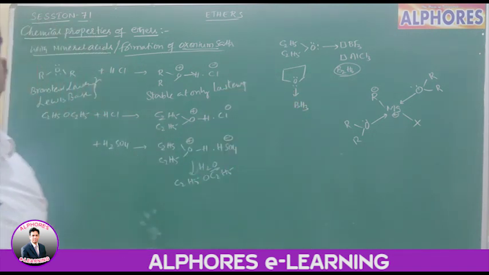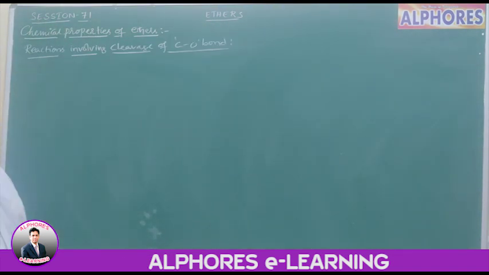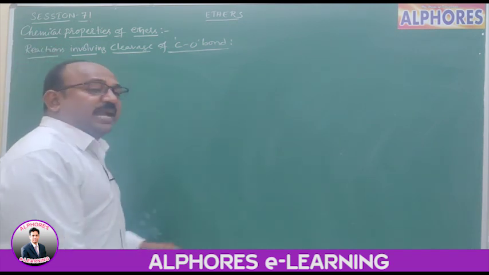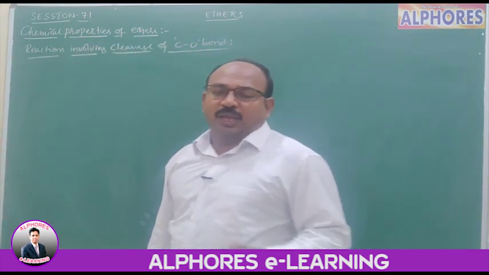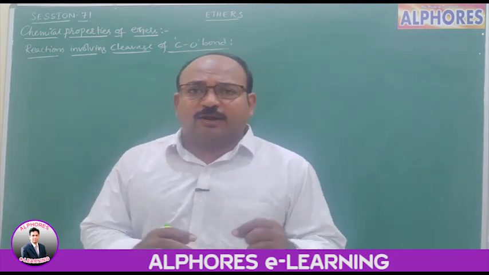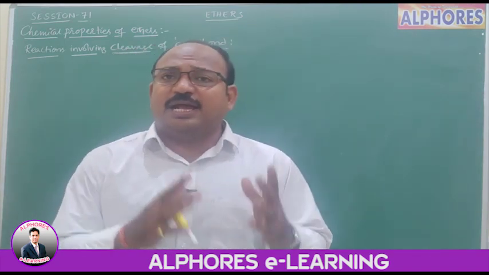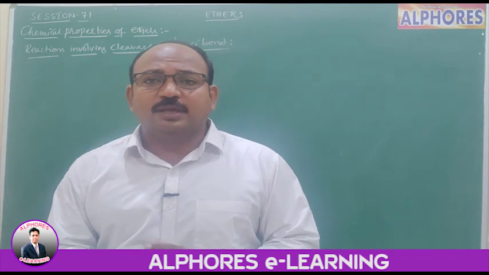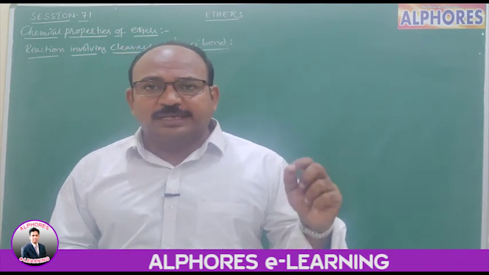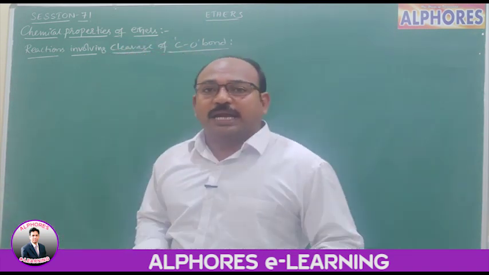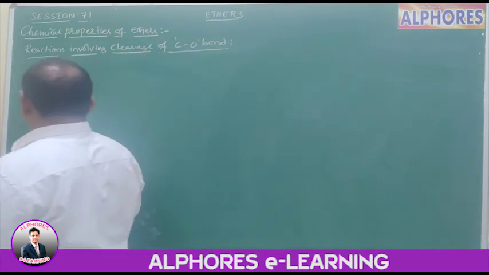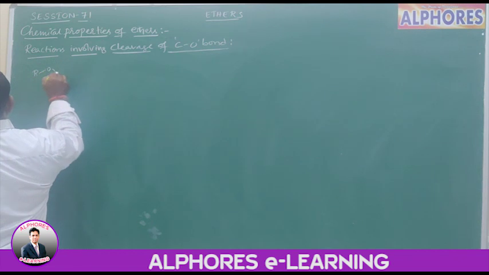Ether oxygen always prefers to form a coordinate covalent bond with electron deficient species. In Grignard reagent, R is negative, and magnesium, being a metal, bears a positive charge. Towards that positively charged magnesium, ethers are going to donate electron pairs.